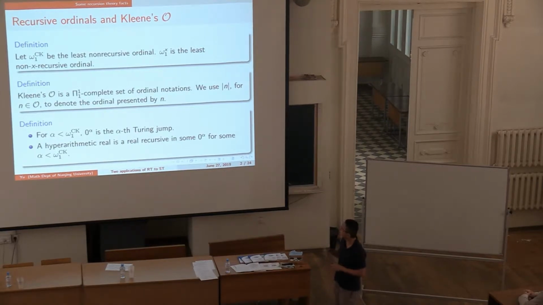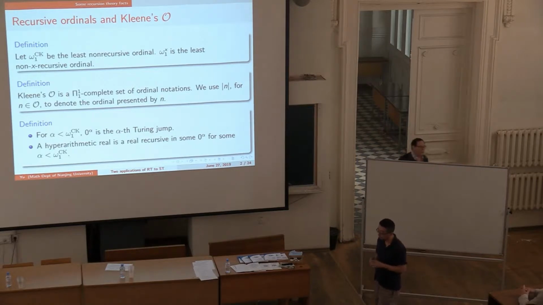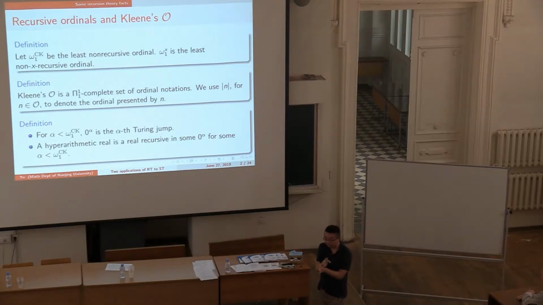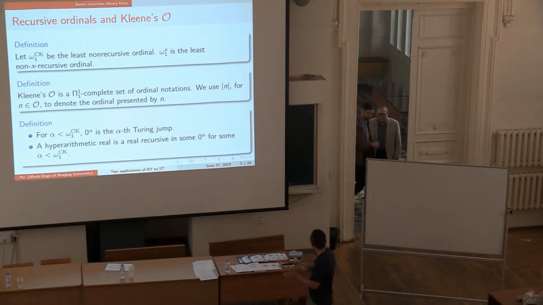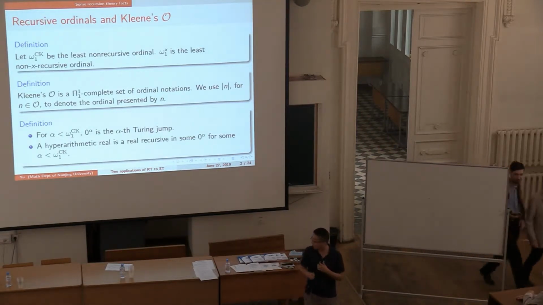But higher recursion may investigate more sets, like hyperarithmetic sets or even arbitrary Turing degrees, and it can build some nice connection. It's a boundary between recursion theory and set theory.